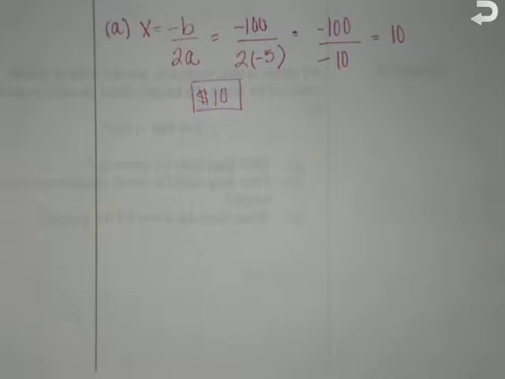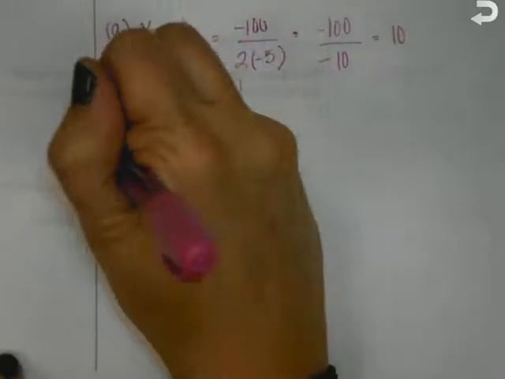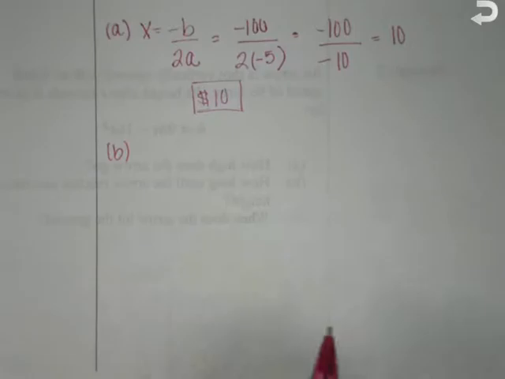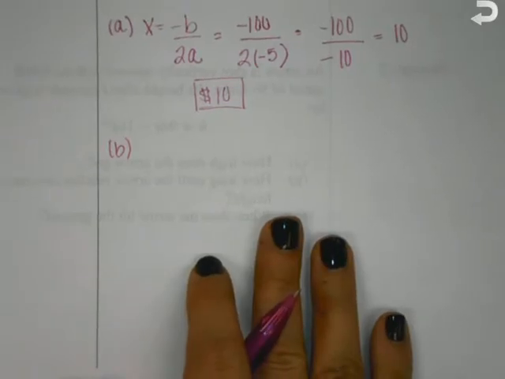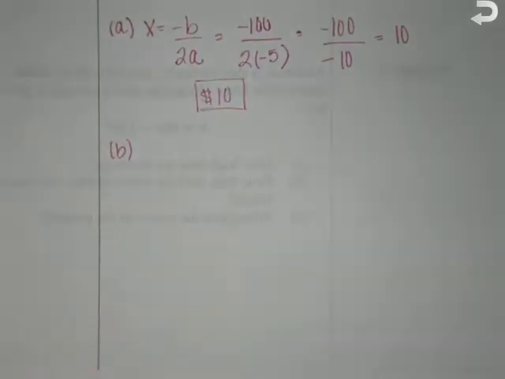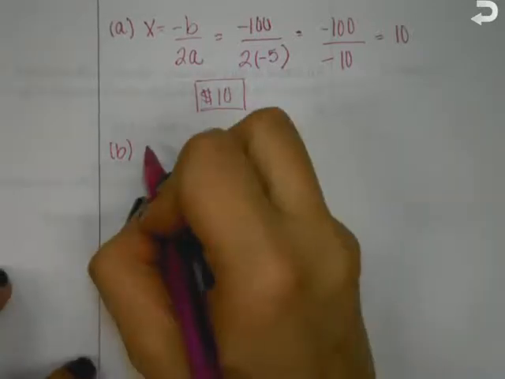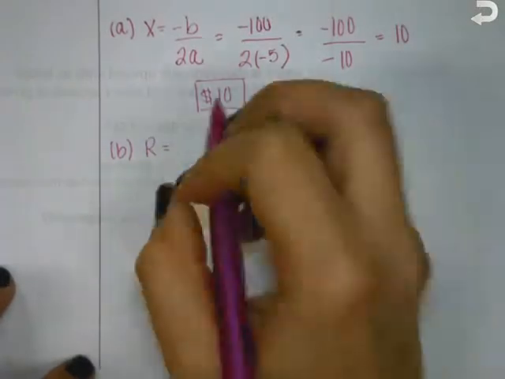Okay, part B. What is the maximum revenue? If P maximizes my price, how could I find the y value for that? We want to plug 10 in for P and find R. So that's going to be negative 5 times 10 squared plus 100 times 10.